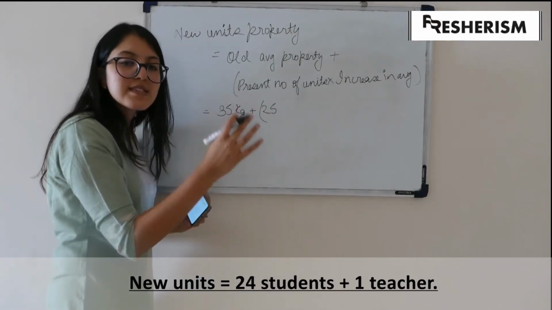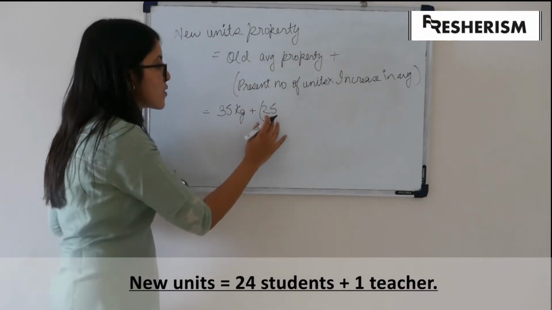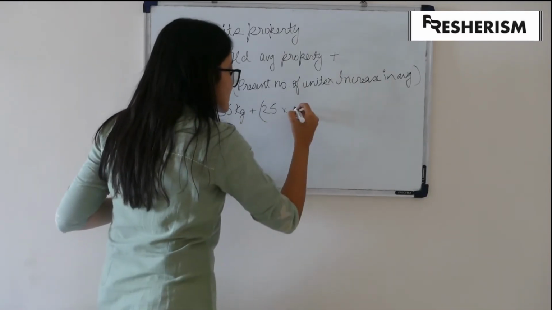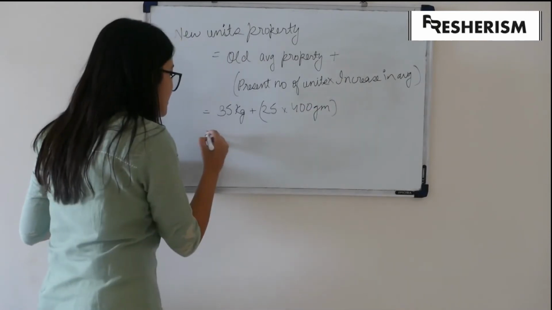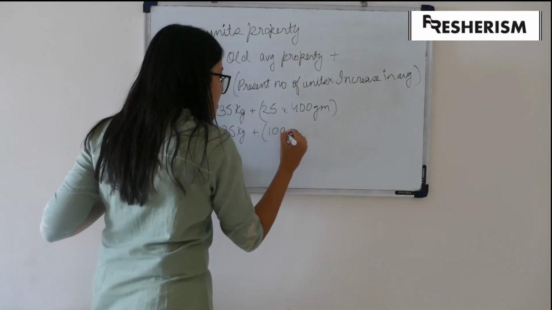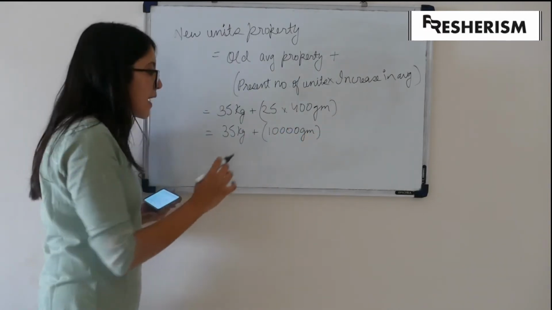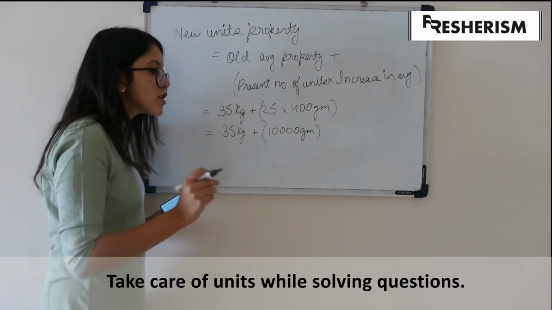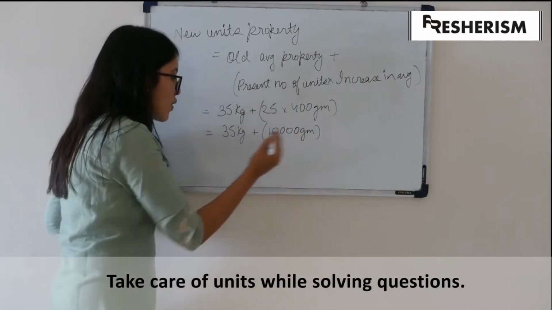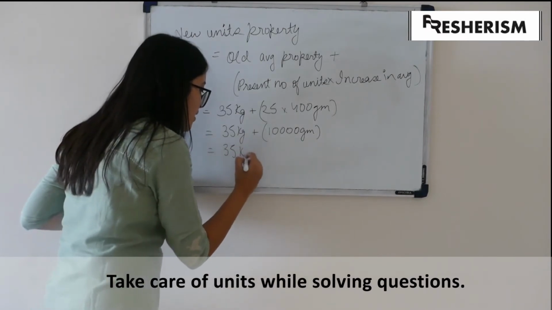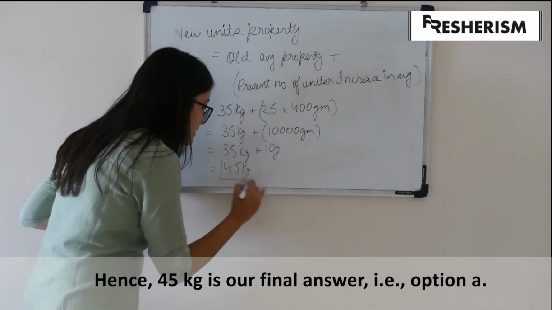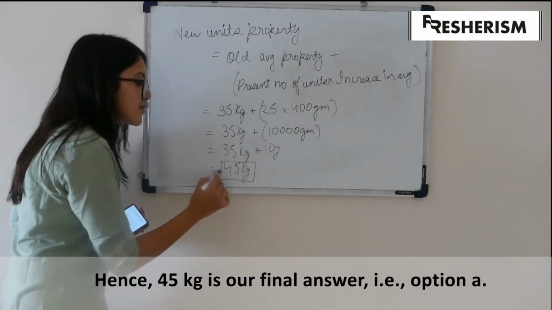Therefore 24 units have now increased to 25 units. Present number of units is 25 and increase in average is 400 grams. With this we get 35 kg plus 10,000 grams. Now we need to keep in mind that our units need to be the same in order to make a proper calculation. If we convert grams into kg, we will get 35 kg plus 10 kg, that is 45 kg. Hence, the weight of our teacher is 45 kg.